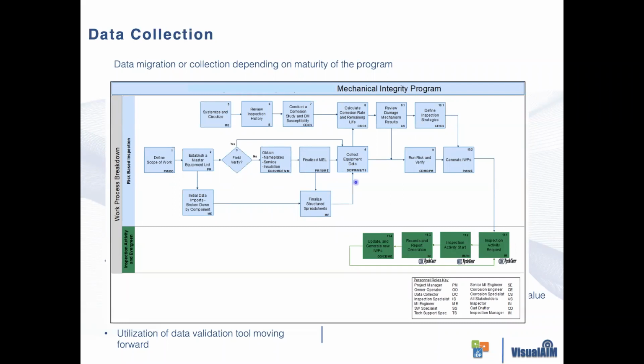Throughout this process, especially if the customer is heavily involved in collecting the information of the assets, you want to make sure that they get a constant on-the-job training to understand the basic API concepts, where the data is going to be coming from and everything, to ensure that the data they're putting together is as accurate as possible, and it's going to require as little rework as possible throughout the mechanical integrity implementation.